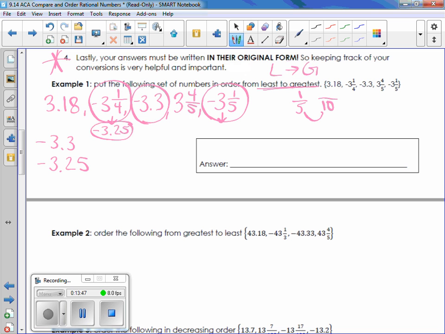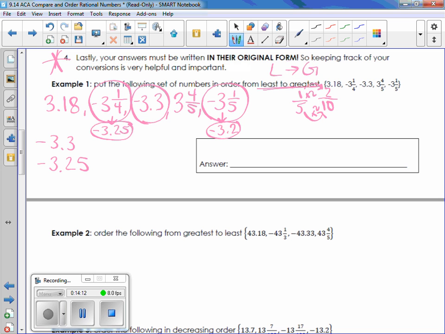What would I multiply by? Times 2. So I'm going to do 1 times 2, and I'm going to get 2/10, right? If you don't, you need to be writing this down. So if it's 2/10, that's the same thing as -3 and 0.2 or 2/10. See how some of them are easier to do this way?